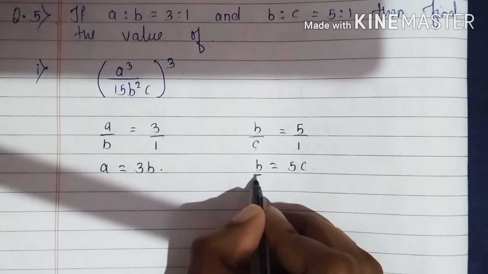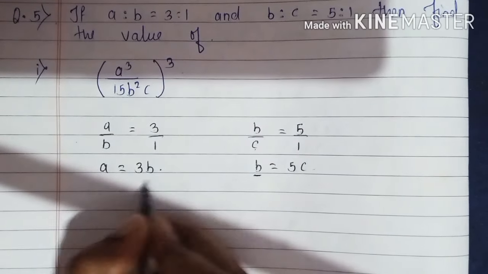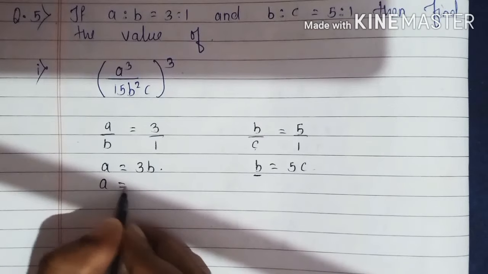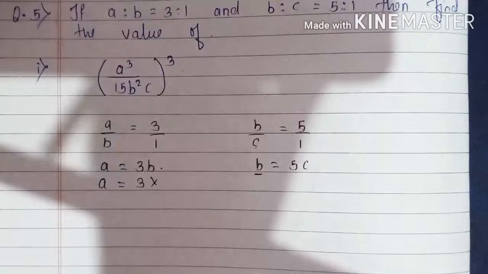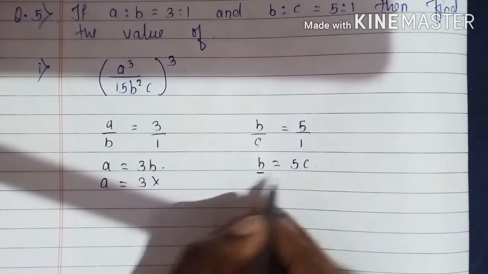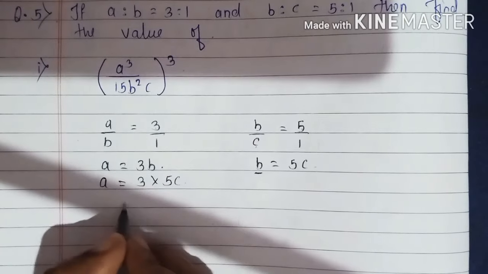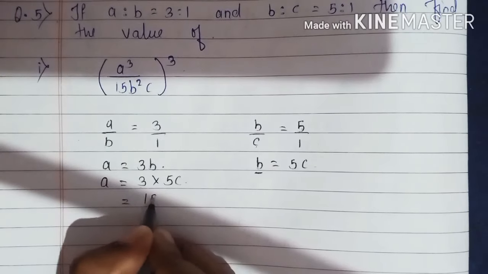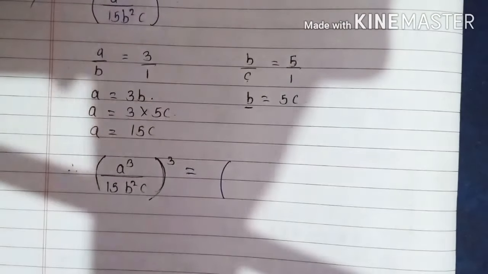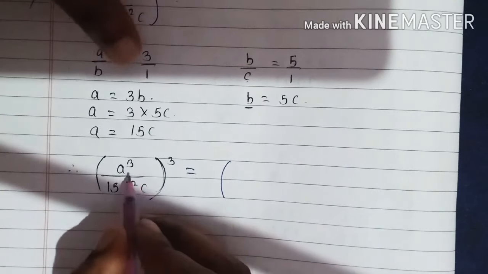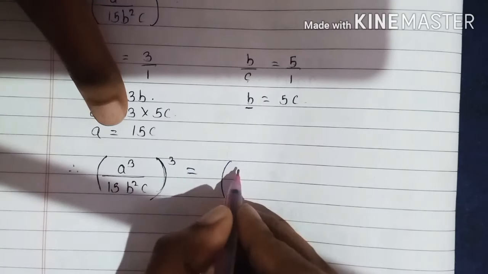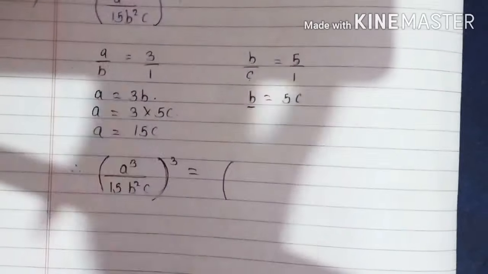So here the value of B, we will put the value of B in this equation. So this will become A is equal to 3 multiplied by, in place of B, we will write 5C. So this will be 3 5s are 15C. Okay, now here we will put the value of A, B, C. First we will put the value of A. Here A is 15C.